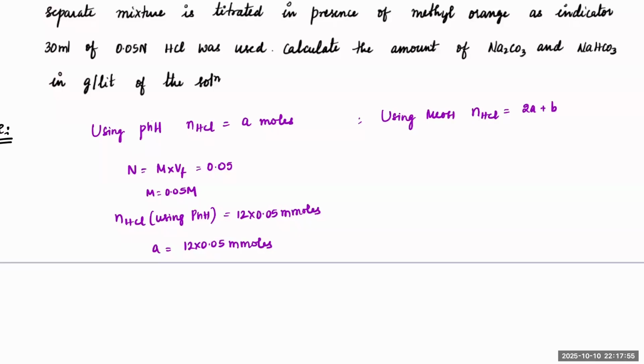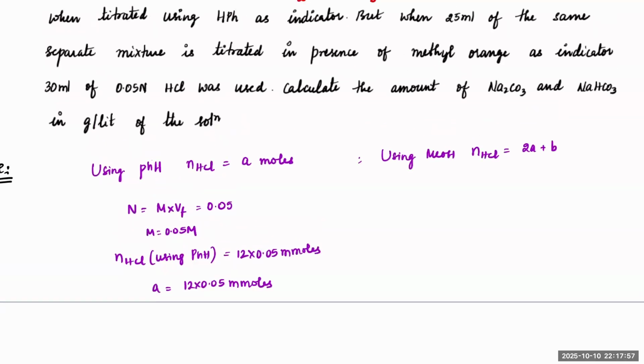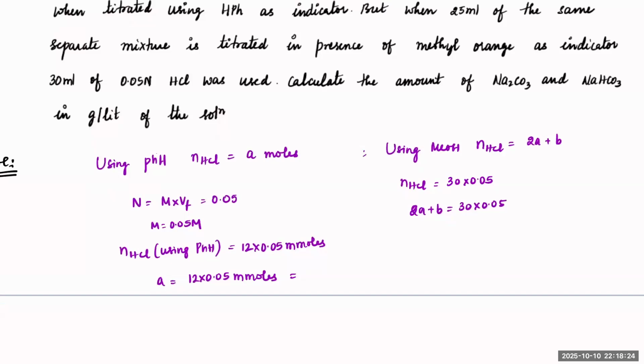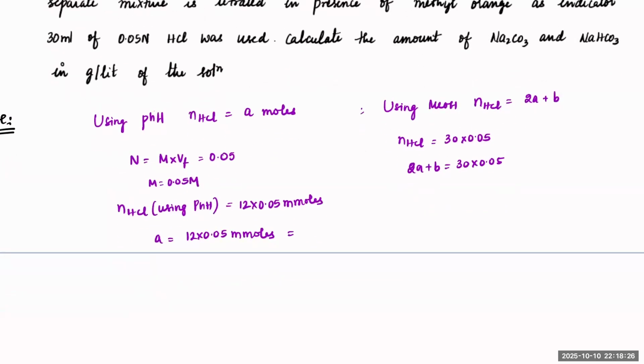And what about the B calculation here? Check out. Number of moles of HCl in this case will be equal to 30 into 0.05. Correct. So 2A plus B is equal to 30 into 0.05. Clear, everybody? Right. So how much are we getting here?